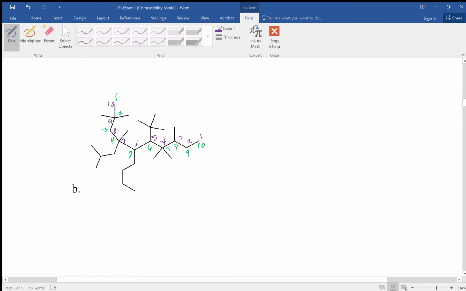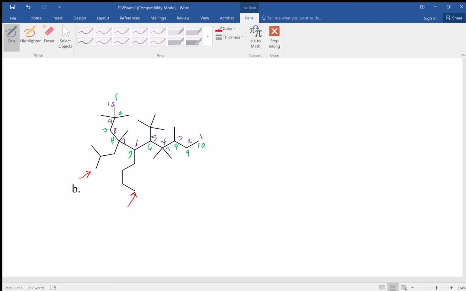Now, are there other ways that we could also come up with 10 carbons? There are. We could have come this way. And we could also have come from this carbon and then continued up and to the right. But in either case, if we had used the carbons as the end of the chain that I've pointed at in red, we would have ended up with a chain that had less substituents overall.